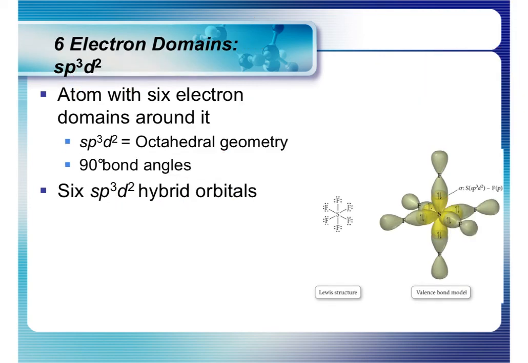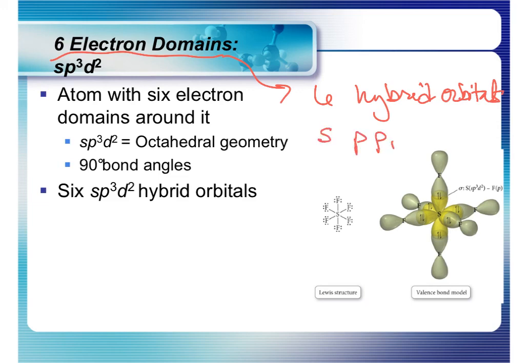For 6 electron domains, we need 6 hybrid orbitals. Remember, 1 for each domain. If we need 6 hybrid orbitals, it means we need to start with 6 atomic orbitals. So that's an s, 3p, and now we need 2d.